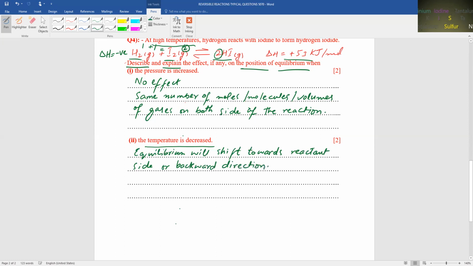You can write one of these reasons. Forward reaction is endothermic. Or backward reaction is exothermic.